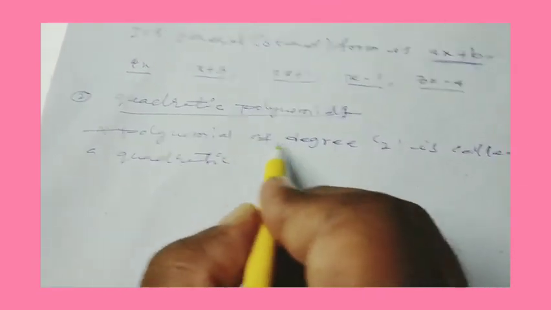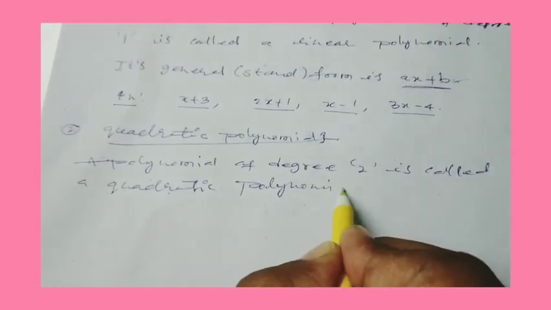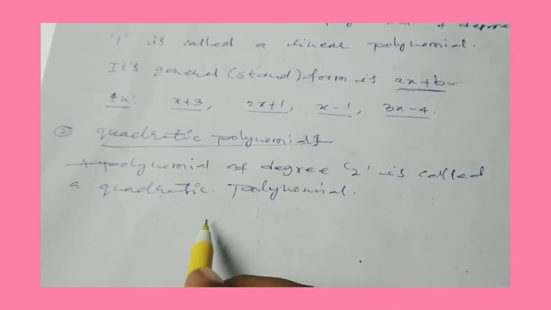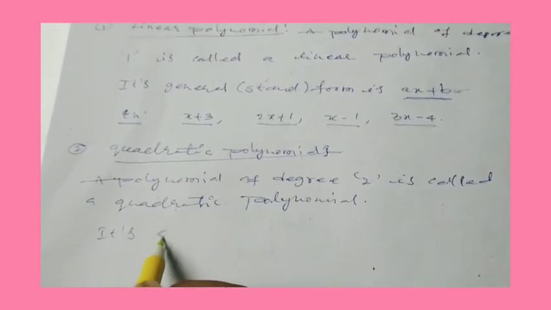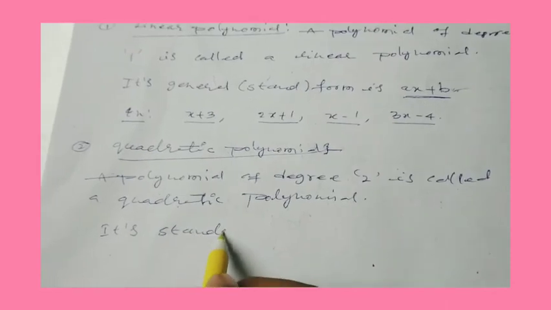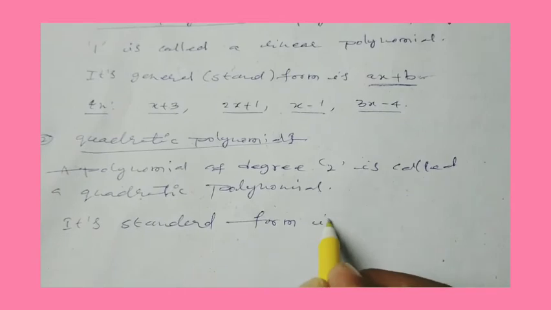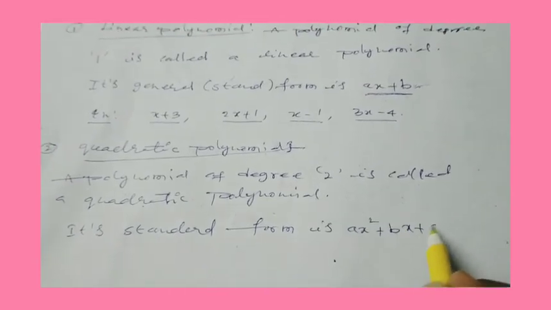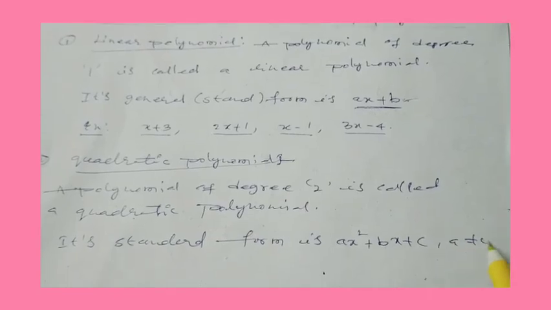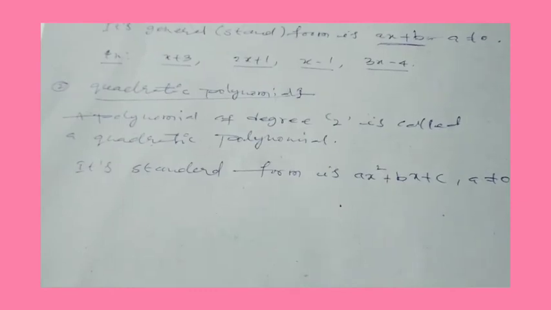Its general form or standard form is ax square plus bx plus c, a not equals to 0. Here also a not equals to 0.